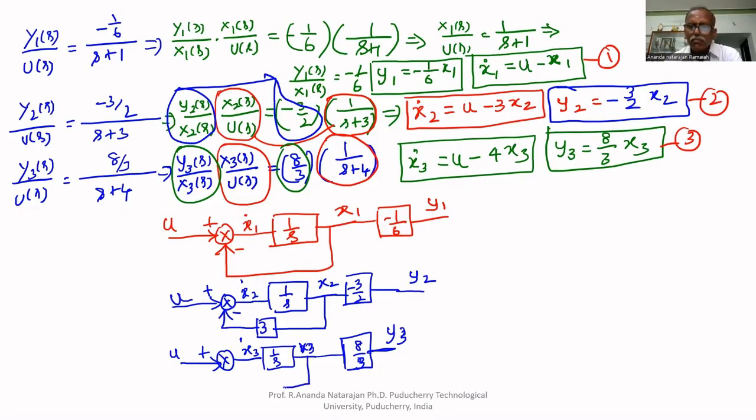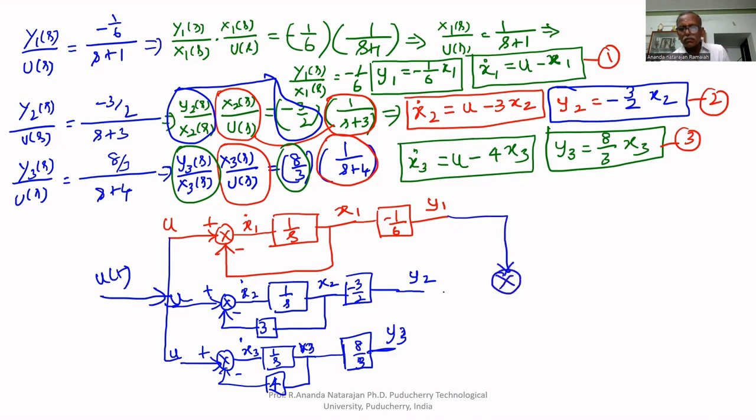So x3 has to be multiplied 4 times and subtract, you will get x3 dot. x3 dot equal to u minus 4 times x3. So all are u, so we can combine all together and here you can give u of t as the input. All y's, if you add it together, you will get y of t. That's all about parallel form of realization.